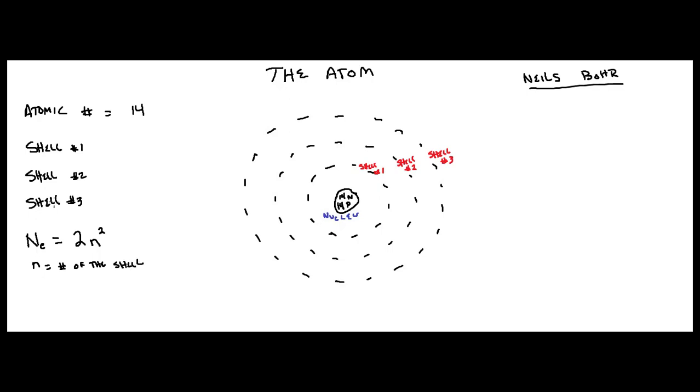Right? So for shell number 1, n is going to equal 1, right? 2 times 1 squared is equal to 2 electrons. We're going to call this total electrons in shell.